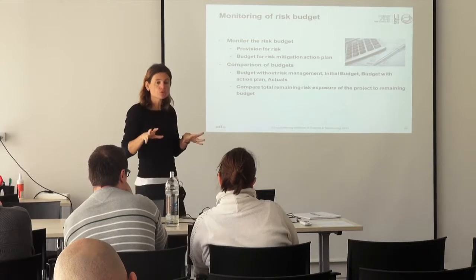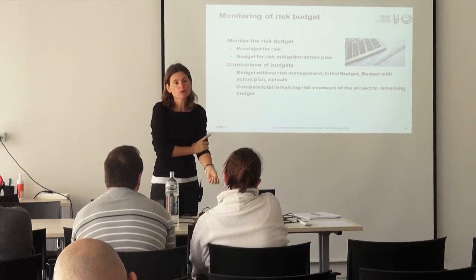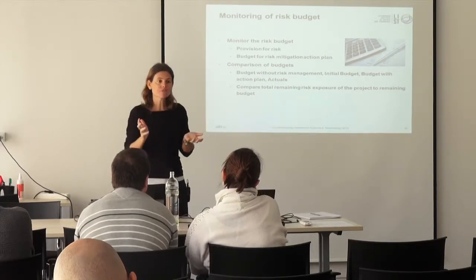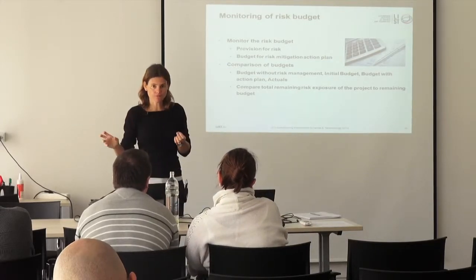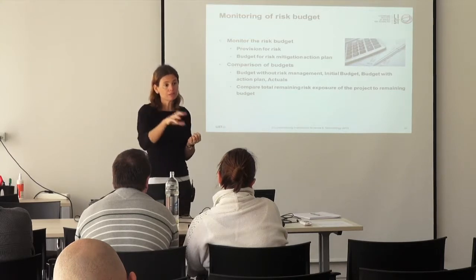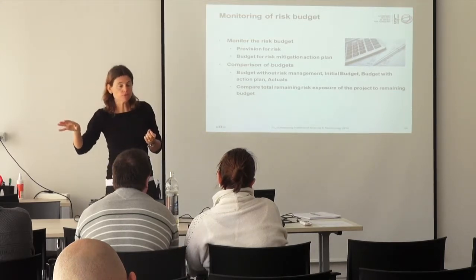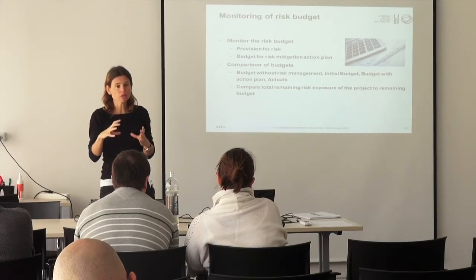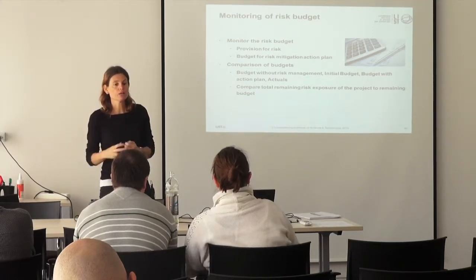So you could have two parts in that risk budget. One part that is really identified for all the actions that you have defined. And so you've said, that action is going to cost that amount of money. So you have part of your project budget which is identified as a risk budget for these actions.